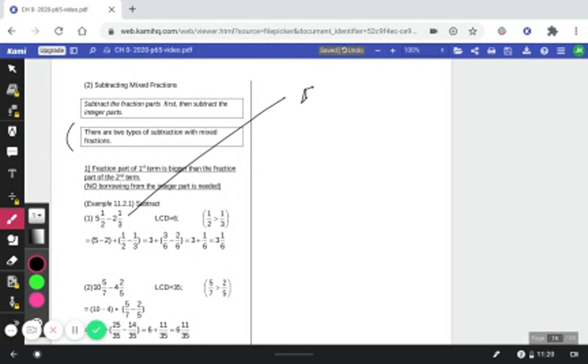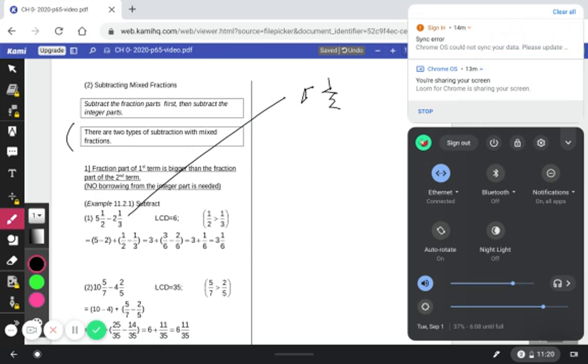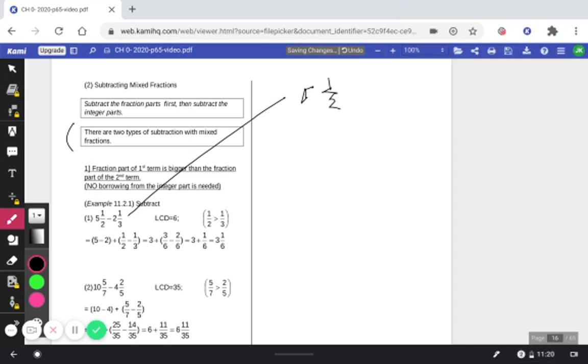So, for example, when you have 5 1/2 minus 2 1/3, one more time, 5 1/2. Okay, 5 1/2 minus 2 1/3. You have to do the fractional portion first, 1/2 minus 1/3, but you have to have the same denominator.